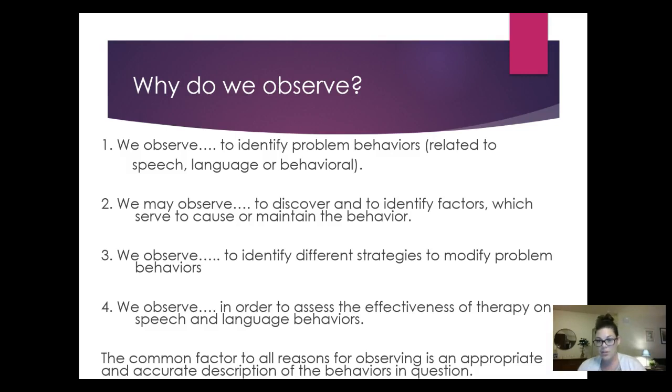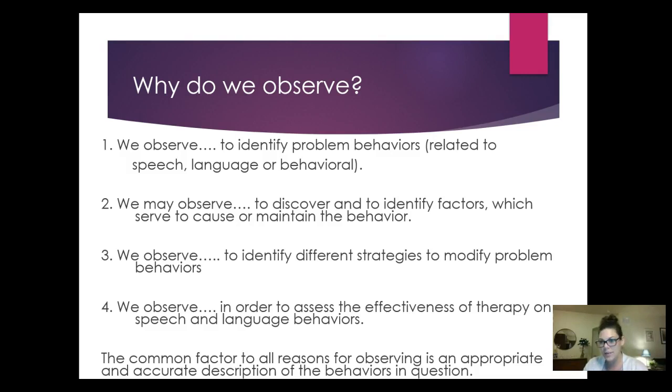So even as speech pathologists, every single session I see a child, I'm constantly observing. I'm reevaluating, is this strategy working? Do I need to change it? Did I make it too difficult today? Or have they mastered that particular task, and now I need to make it more difficult?